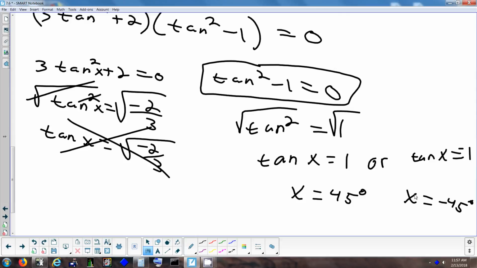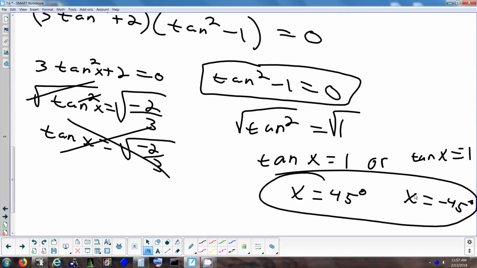If you look in the book, they did it in radians. So they had pi over 4 and negative pi over 4. Any questions why we didn't have to finish that left-hand side? Or why I got 2 answers on the right?